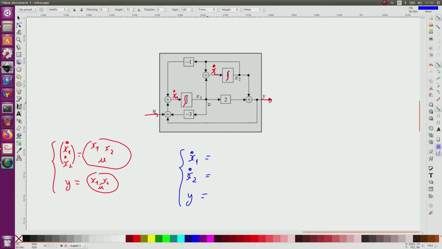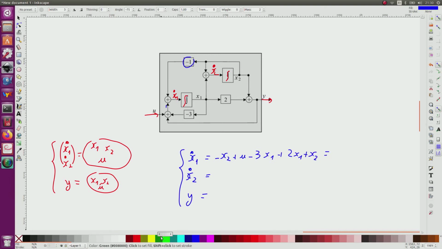First, minus x2, due to the minus here, plus u here, minus 3 x1 here, and plus y, but y is not allowed, and y is 2x1 plus x2.